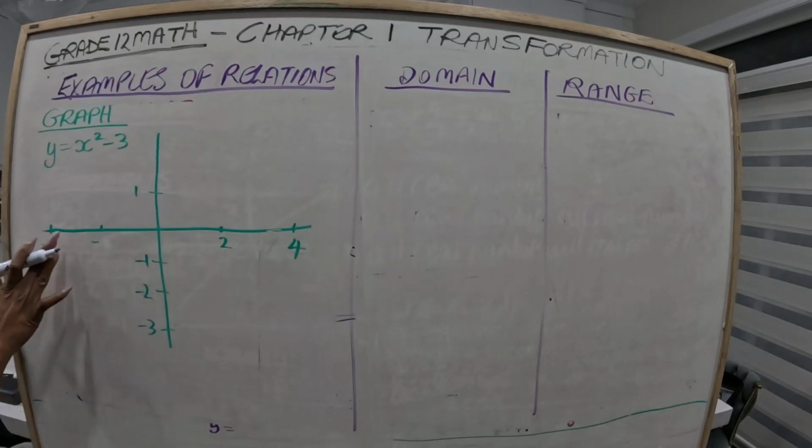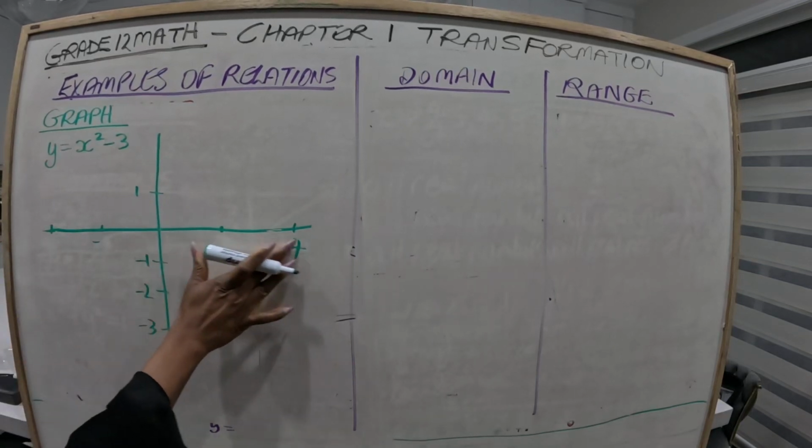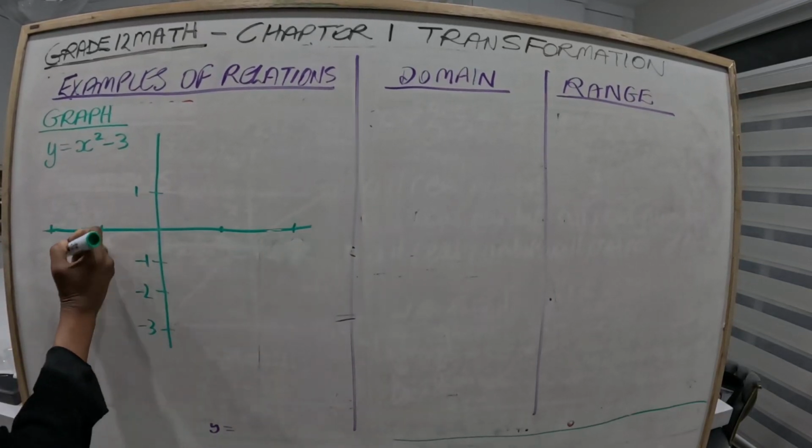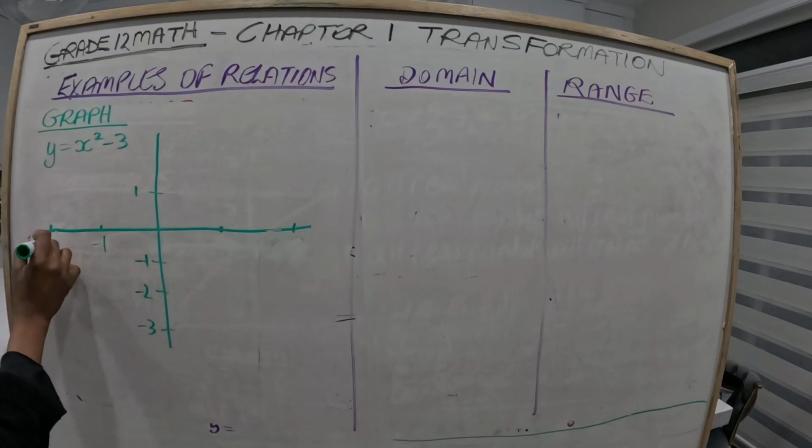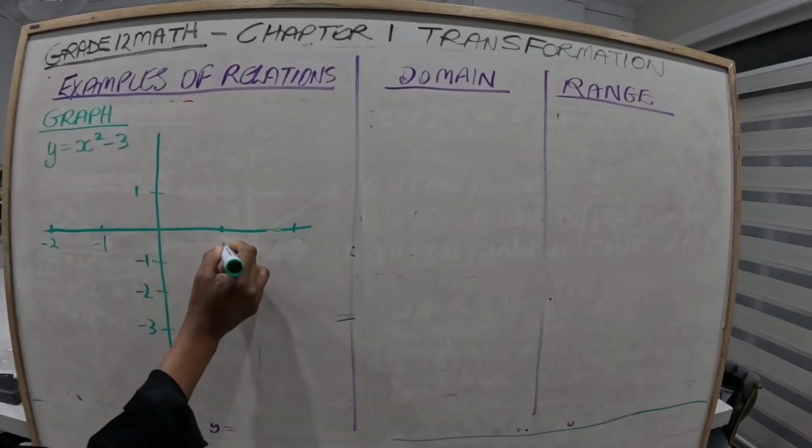Actually, I'll change that. I'll change it to 1 and 2 just to make it better. -1, -2, 1, 2.